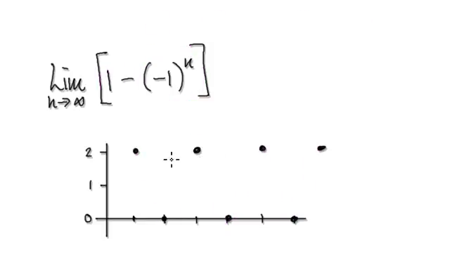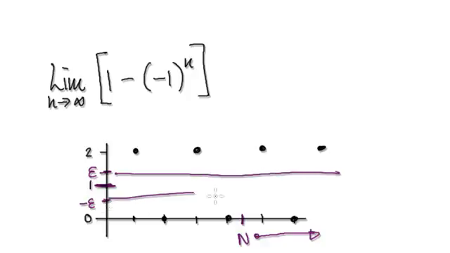But remember the precise definition of limit. If a limit exists, then I can give you any tolerance epsilon, and there exists a capital N somewhere where all small n above capital N will lie within this tunnel.